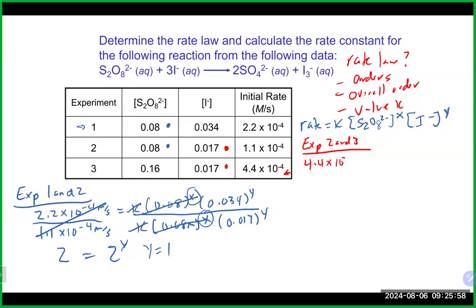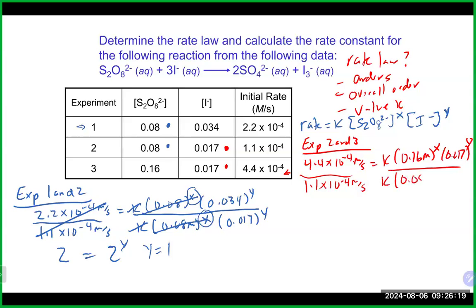4.4 times 10 to the minus 4 molar seconds equals our K, 0.16 molar to the X, 0.017 to the Y. I'm going to then put everything from experiment 2 on the bottom, 1.1 times 10 to the minus 4 molar seconds, K, 0.08 to the X, and 0.017 to the Y, which we're keeping constant.